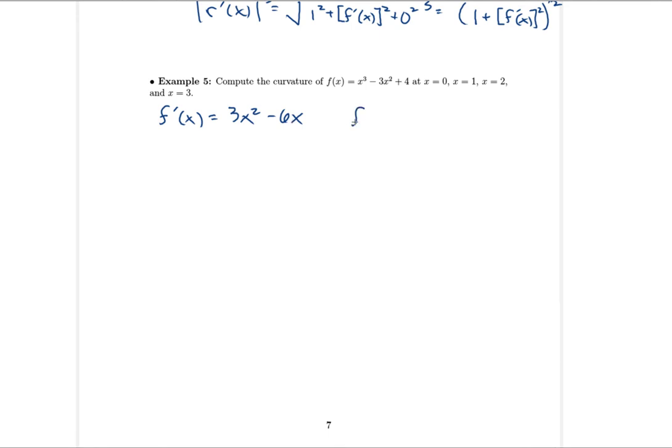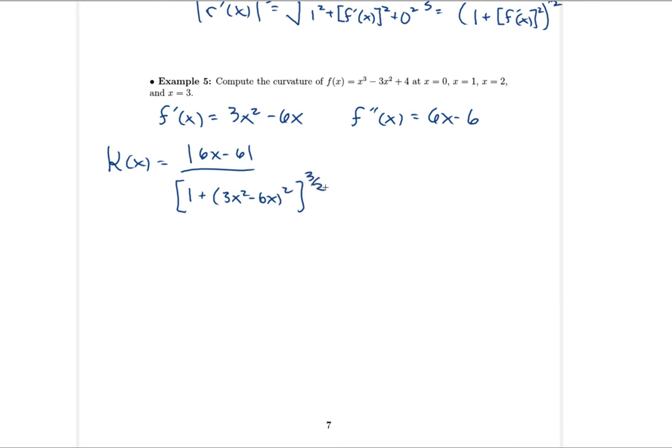And then f double prime of x is equal to 6x minus 6. And so we know that the curvature as a function of x is going to be the magnitude of 6x minus 6 divided by 1 plus 3x squared minus 6x squared, all raised to the 3/2.